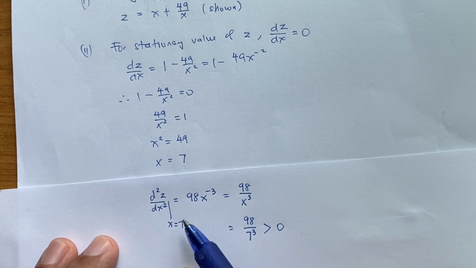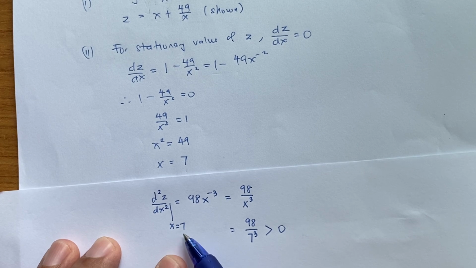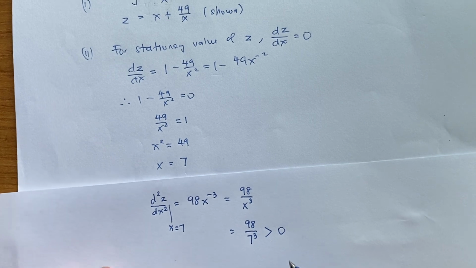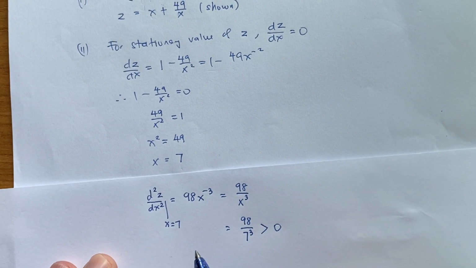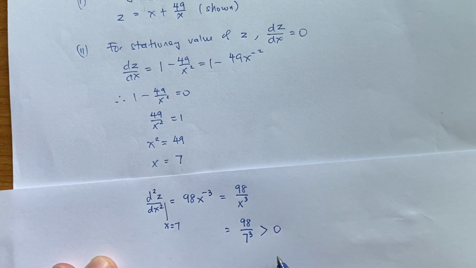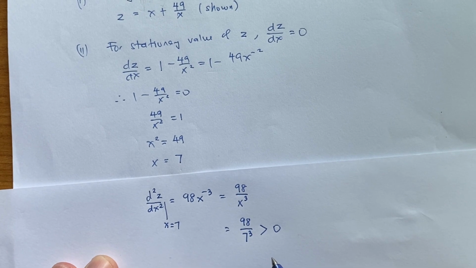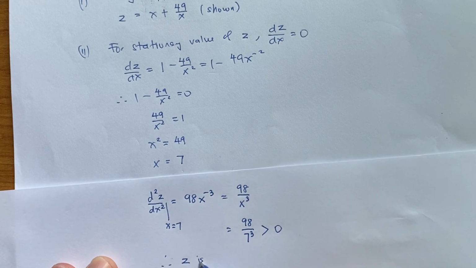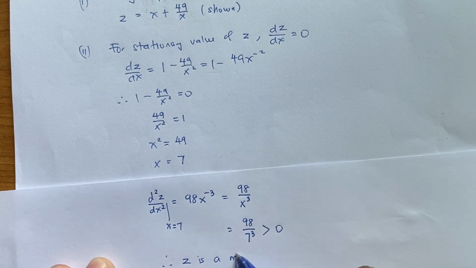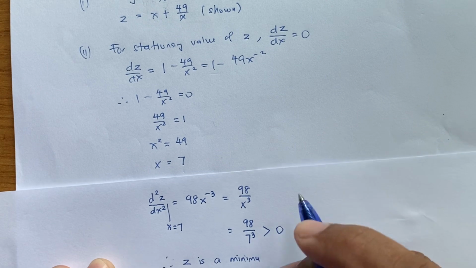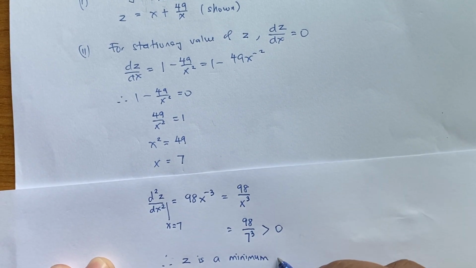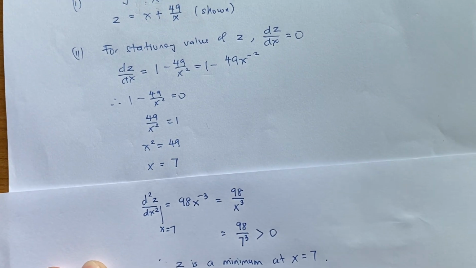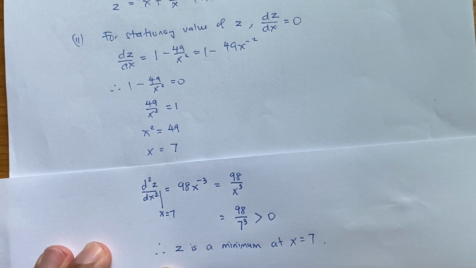When d2z/dx squared is evaluated at the stationary value of 7, we get it to be more than 0. Remember, when d2z/dx squared is more than 0, z must be minimized. Therefore, z is a minimum value, or what we call minimized, at x equals 7. Okay, this is what we are going to do. Thank you.